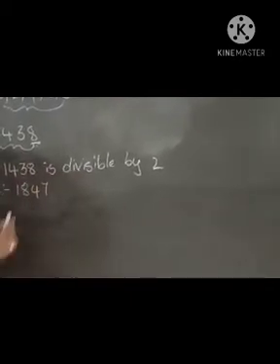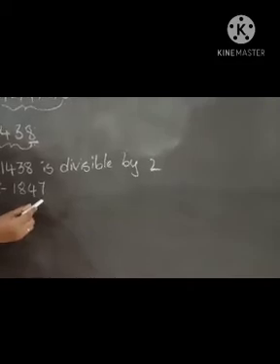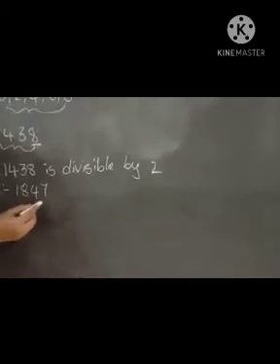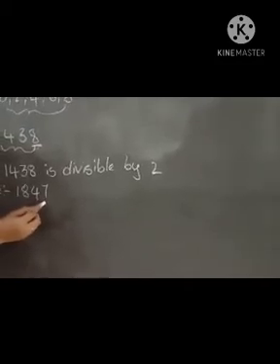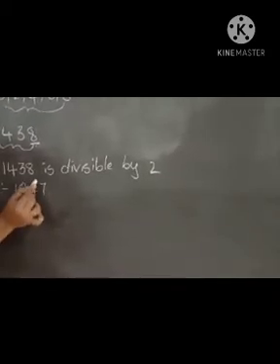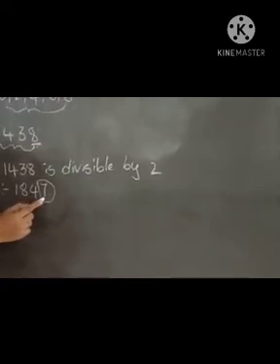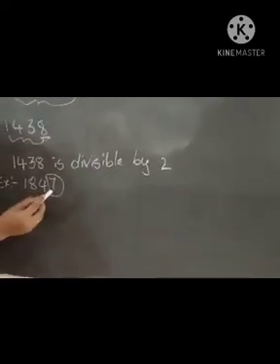Again, see one more example. 1847. Is this number divisible or not? Tell me, children, is this number divisible by 2 or not? No. Why? Because in ones place the even number is not there. Here what is the number? 7. Is 7 an even number or an odd number? 7 is an odd number.